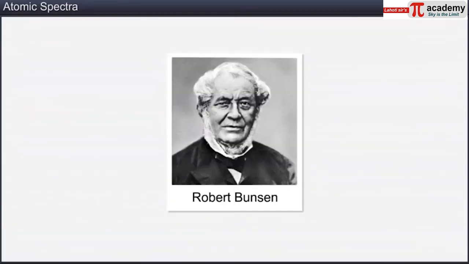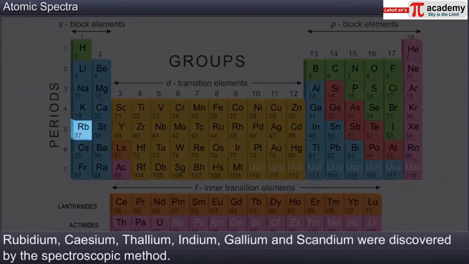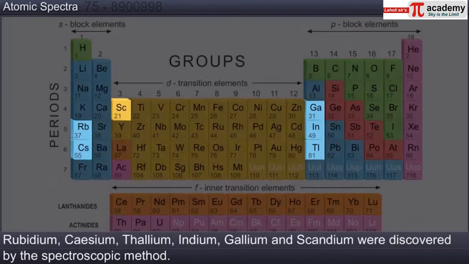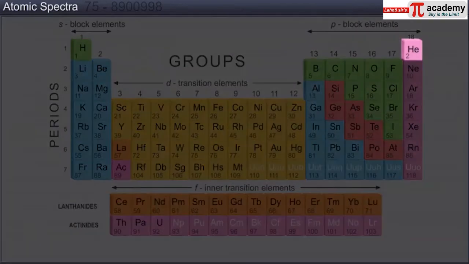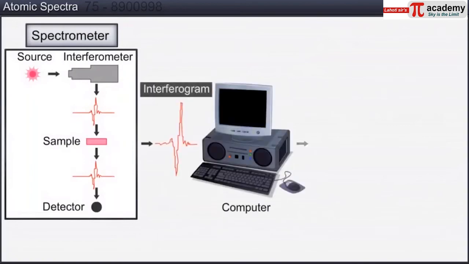German chemist Robert Bunsen was one of the first investigators who used atomic spectra to identify elements. Elements like rubidium, cesium, thallium, indium, gallium, and scandium were discovered when their minerals were analyzed by the spectroscopic method. The presence of helium was also detected in the sun by means of the spectroscopic method.